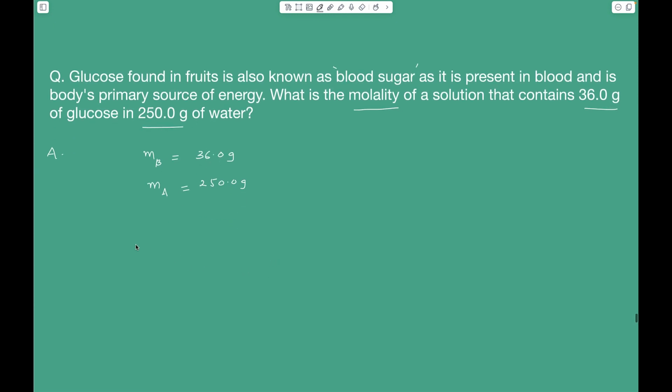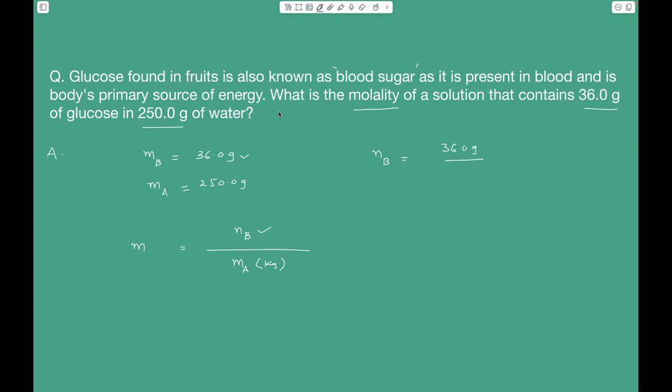Now, what is the expression for molality of a solution denoted by small m? It is equal to amount of substance of the solute, or in other words, number of moles of solute over mass of the solvent in kilograms. Now, how do you get the number of moles or amount of substance of solute given its mass? To get the amount of substance, you have to divide the mass given with its molar mass.